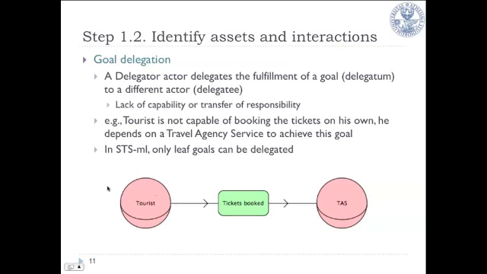So anytime, for instance, you would like to capture that the tourist might rely on several travel agencies for this goal, then you'd have tickets booked decomposed into tickets booked by the first travel agency and tickets booked by the second agency, and then delegate these leaf goals to the interacting actors.